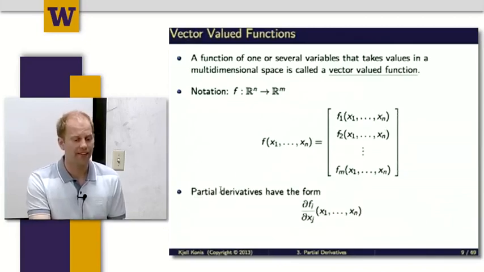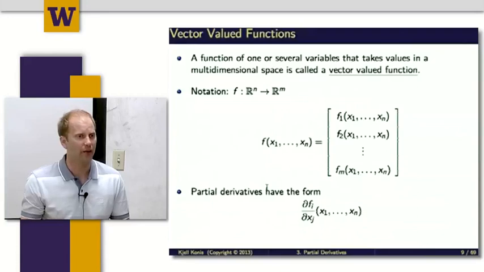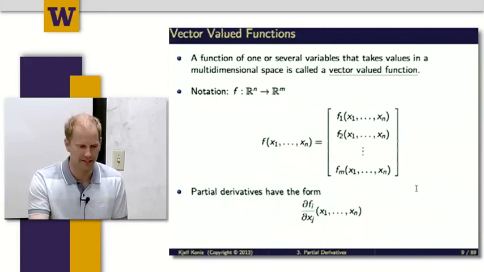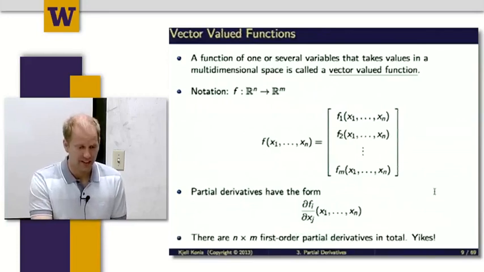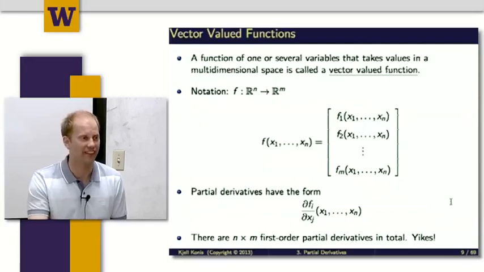And so in this case, when we try and make the gradient, instead of just an array that only has one row, we're going to have one row with n columns for each element of the output. So now my gradient is going to end up being an array with m rows and n columns. So there are m times n first-order partial derivatives, which is a lot to work with.